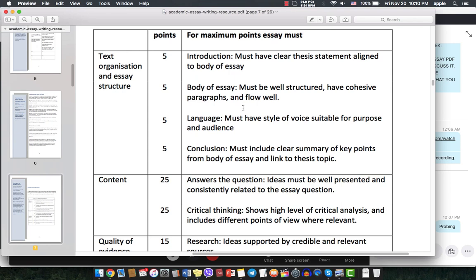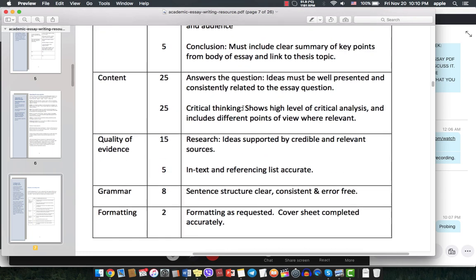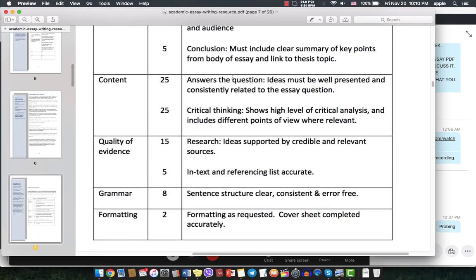For the content, let's move here to the content. It says, answer the questions. Ideas must be well presented and consistently related to the essay question. Critical thinking, this is important, shows a high level of critical analysis and includes different points of view.